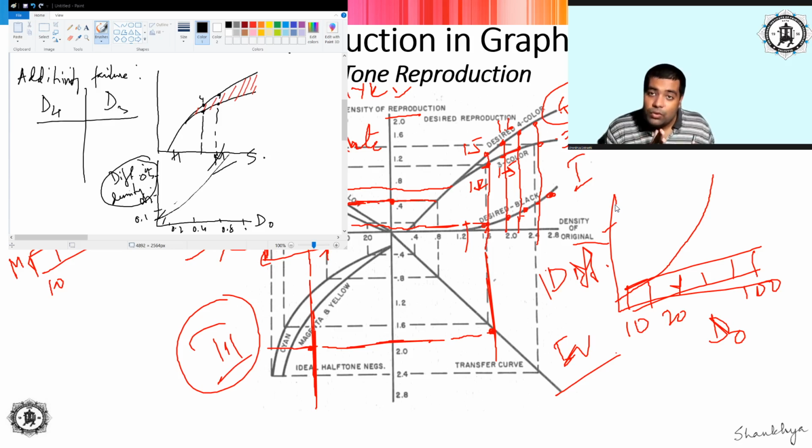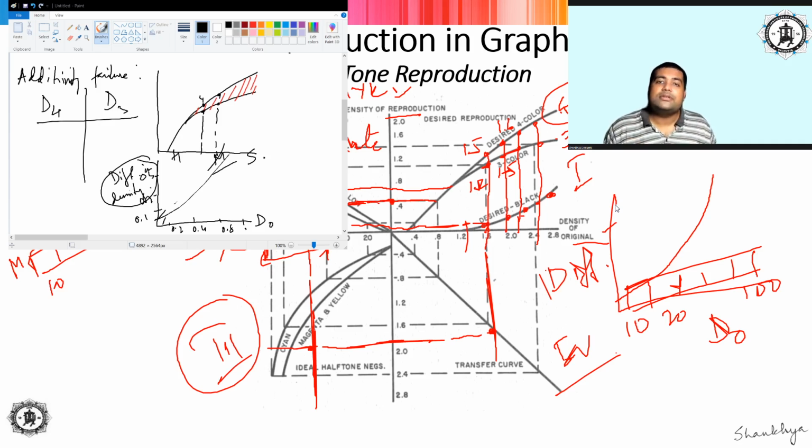So you know now that from the very beginning, in order to reproduce a certain type of print as per your expectation, what kind of dot percentage I need to produce in my negative to create certain densities, what kind of dot percentage I need to create in my plate of cyan, magenta, yellow, etc. separations in order to reproduce the print having a certain optimum tone reproduction curve of my choice, right?